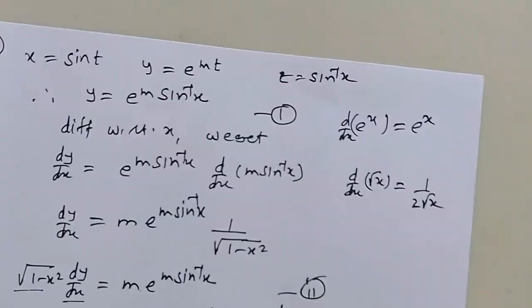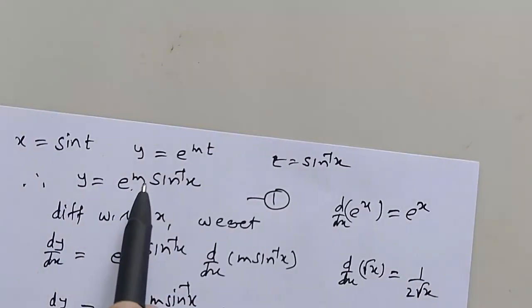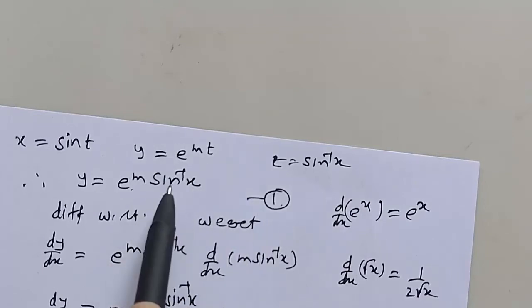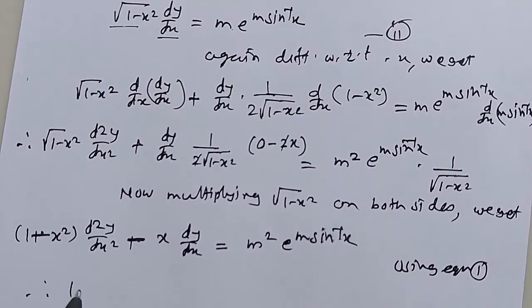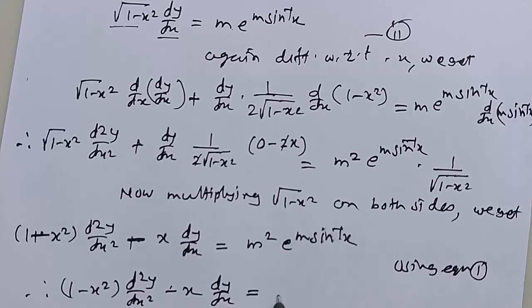Now from equation number 1, y is equal to e raised to m sin inverse x, so using equation 1 this is y. Therefore 1 minus x square d2y by dx square minus x dy by dx is equal to m square into y.